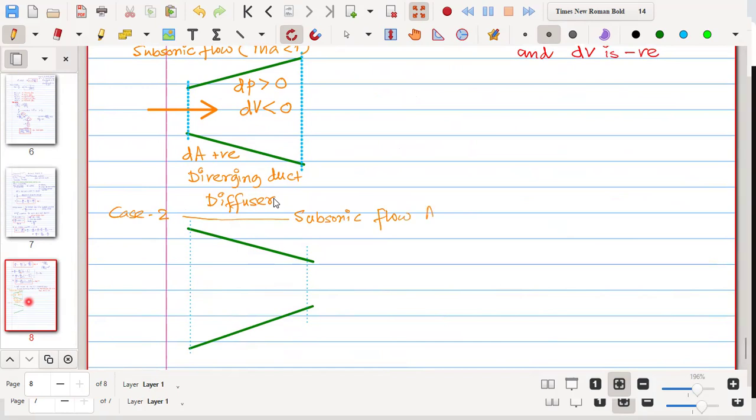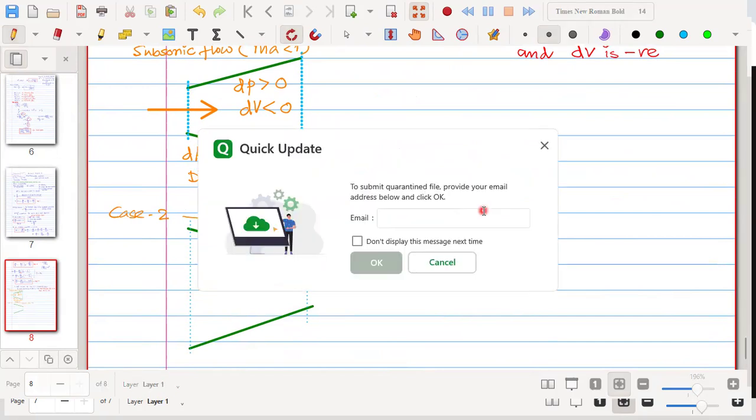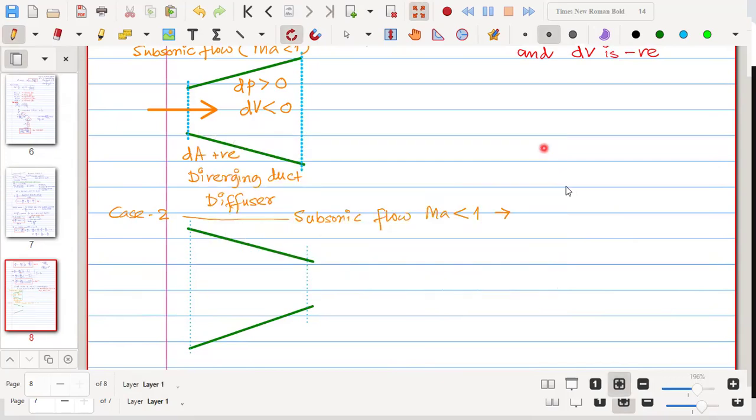Subsonic flow means Mach number is less than 1. That implies 1 minus Mach square is positive.